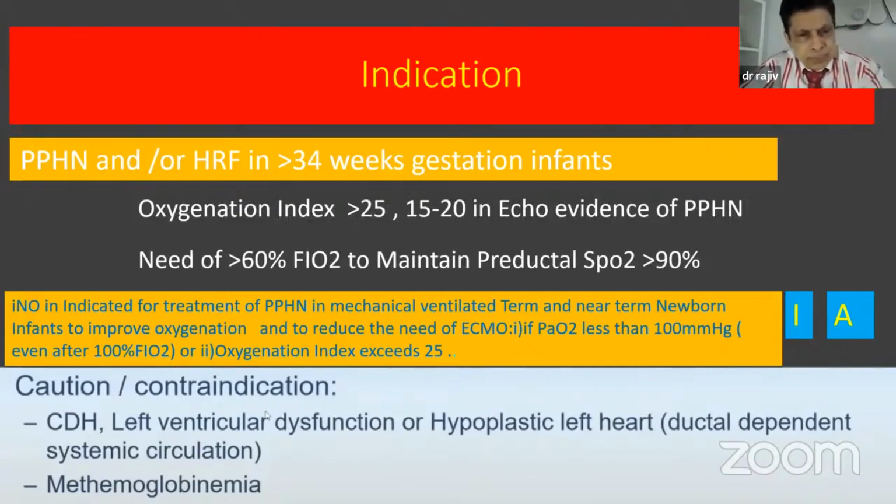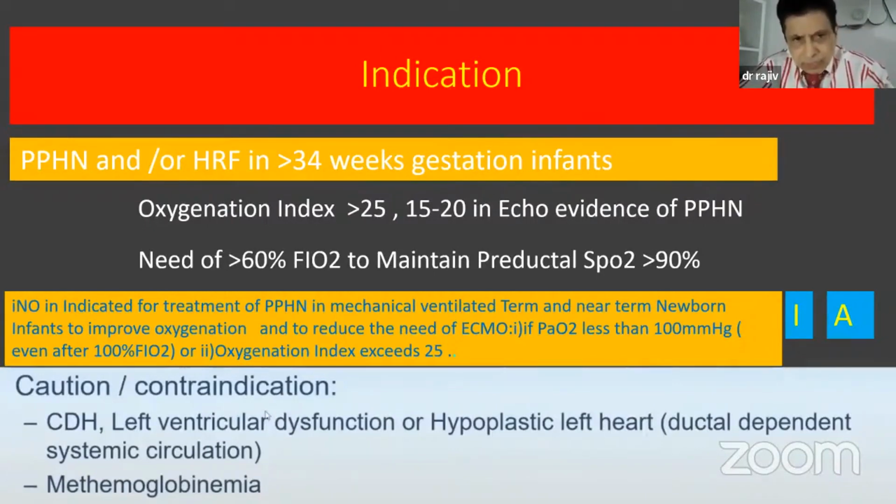So oxygenation index more than 25, you all know. But friends, I strongly suggest that when you want to treat PPHN, please start with the oxygenation index of 15. When I did this almost 15-20 years back, I started with the oxygenation index of 25.